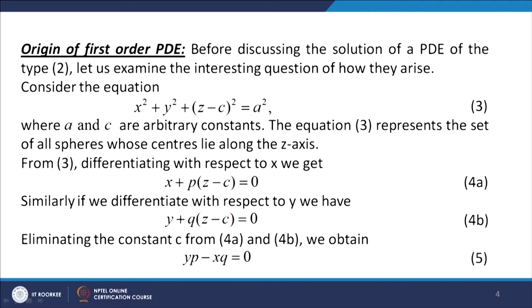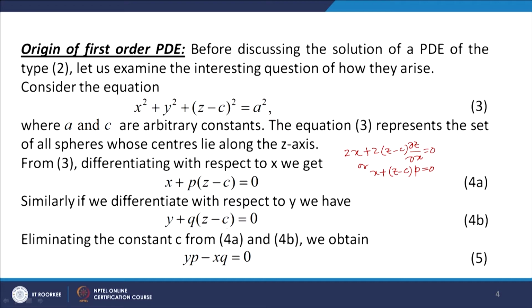Now, from this equation, when we differentiate partially with respect to x, we get 2x + 2(z − c)·∂z/∂x = 0, or we can write it as x + (z − c)p = 0.